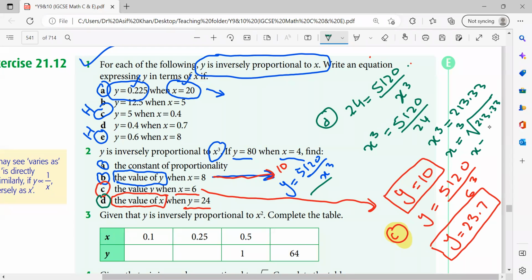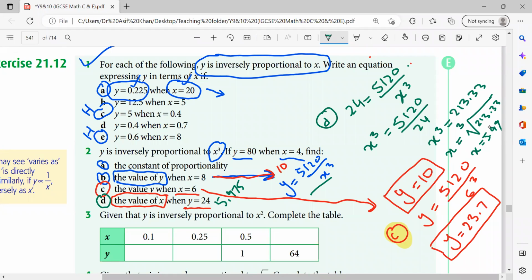What will be the value of x you will get? Sir, 5.975. Right? So here the answer is 5.975.